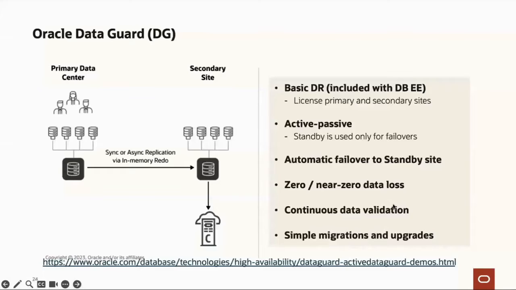So first thing we'll do is talk about DataGuard. DataGuard is a disaster recovery tool, and it has a couple different versions. We talked about autonomous DataGuard earlier, and we're going to look at just Oracle DataGuard right now. So Oracle DataGuard is going to follow an active-passive configuration, which means the standby is only going to be used for failovers.